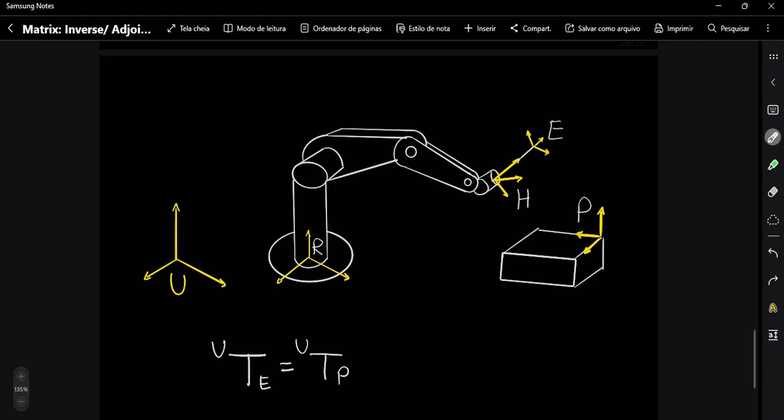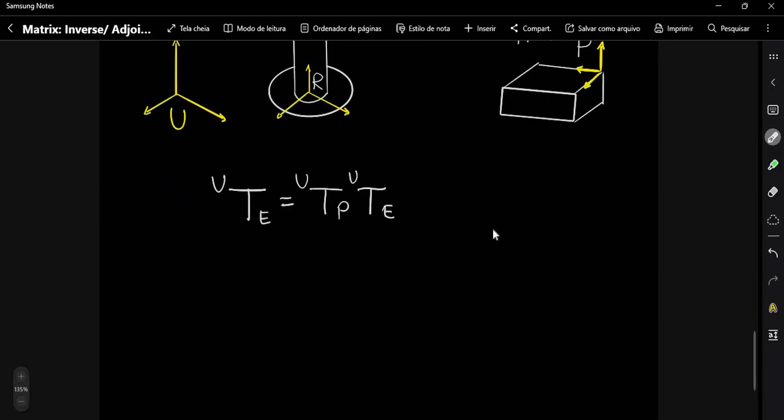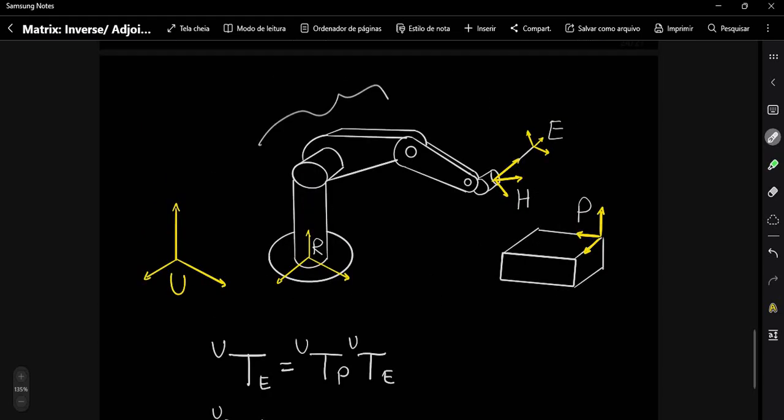So we can write a transformation of the end effector in relation to the reference frame U, that is, the transformation of the frame E in relation to the frame U. And we now have to write a transformation equation based on the whole system.